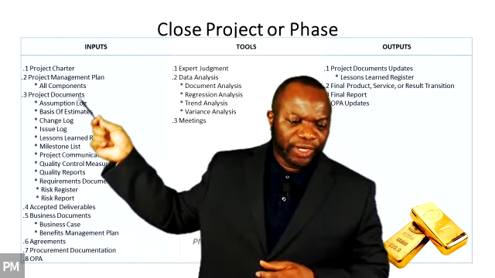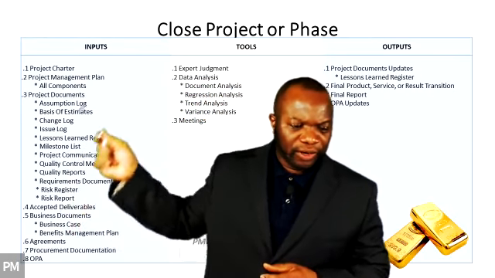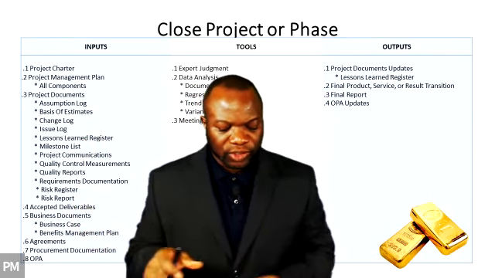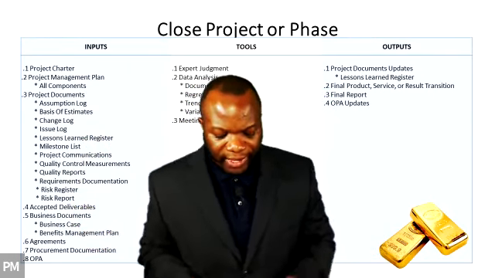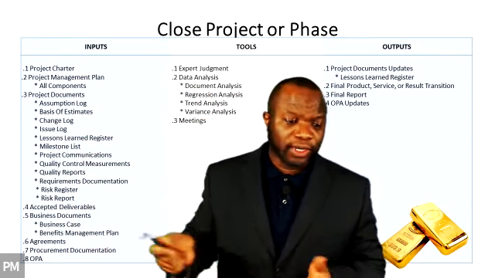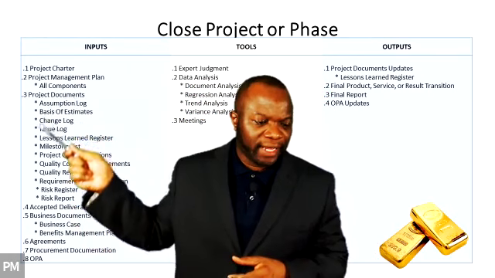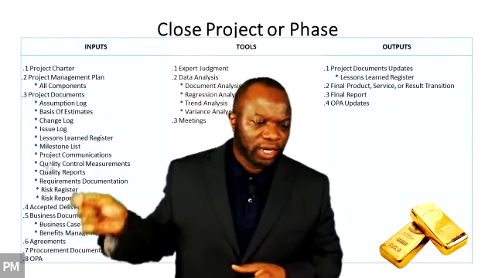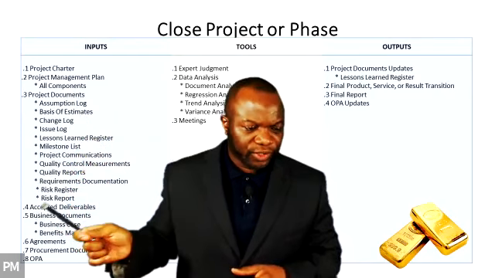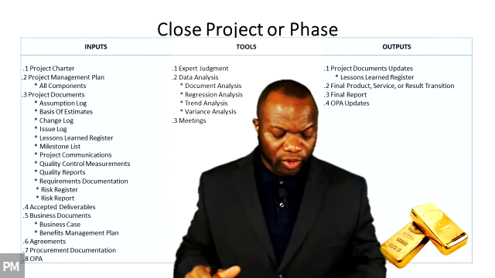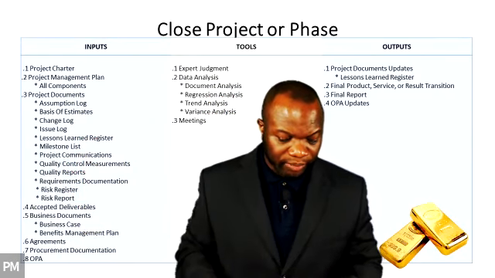There's a laundry list of inputs. I am not going to dwell on these, but all of these are important to cement and solidify closure so that you truly know you're done. So think about this stage as though you are checking off on each of these documents and making sure that you crossed your T's, you did all you said you would, you dotted your I's, and everyone in the world of the project is happy.